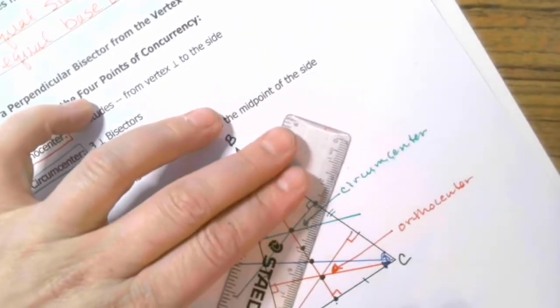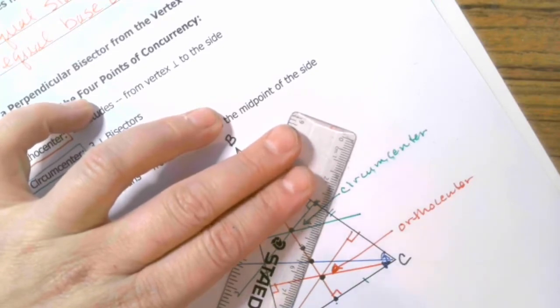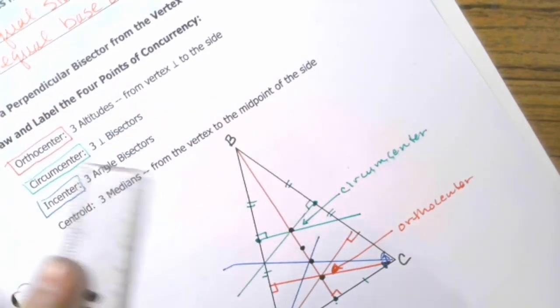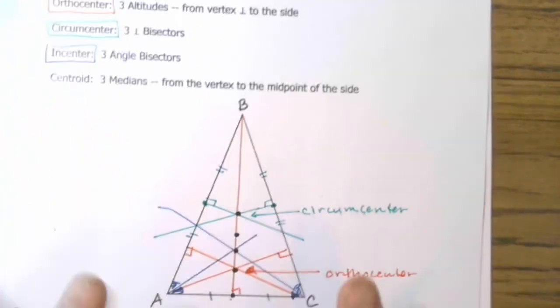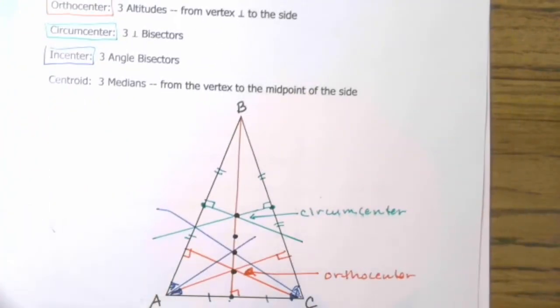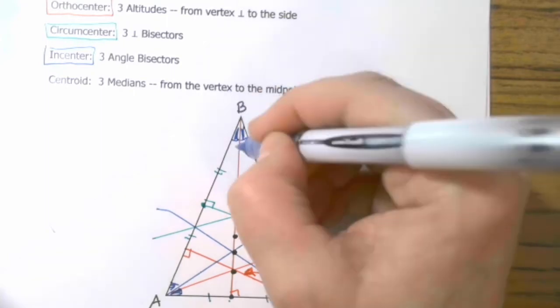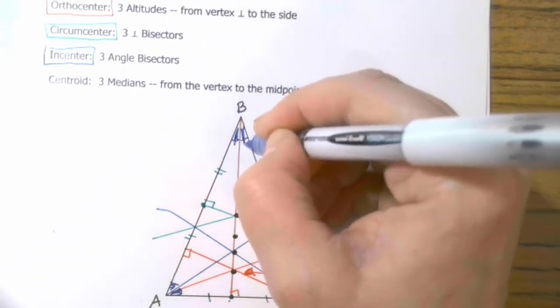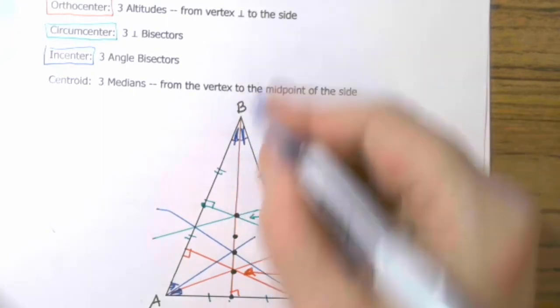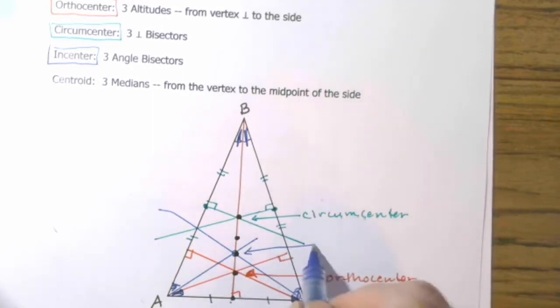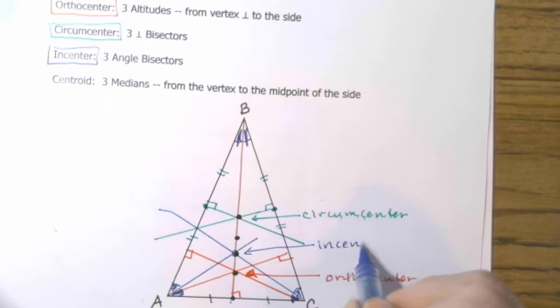If you do the same for A, what you notice is it goes through the exact same point. This angle and this angle are the same. So because this is isosceles, angle A and angle C are the same angle. So these four pieces will be the same. This bisects the top angle. It's not the same as the other two, so I'm going to put a mark on it. There you go. And the three of those meet up right there. So that is our incenter.